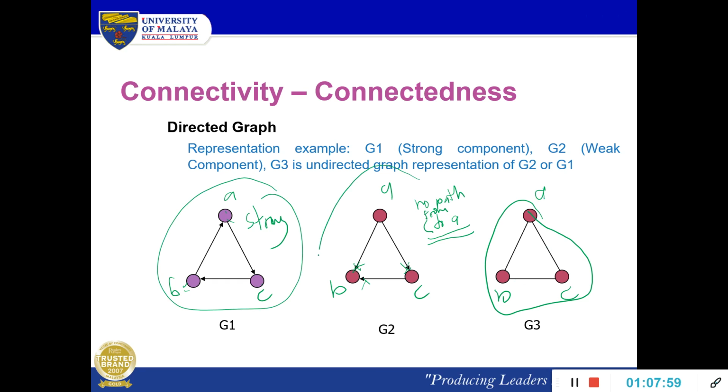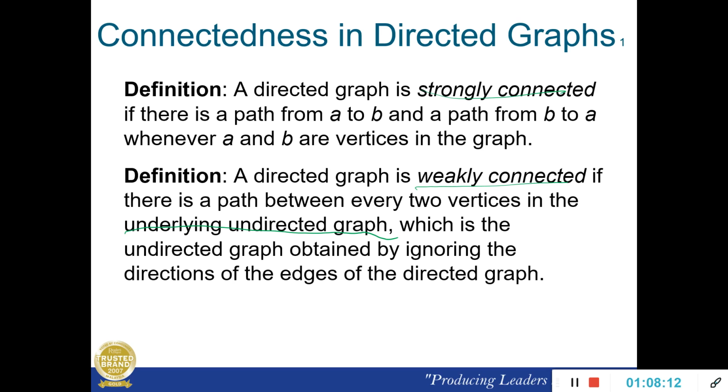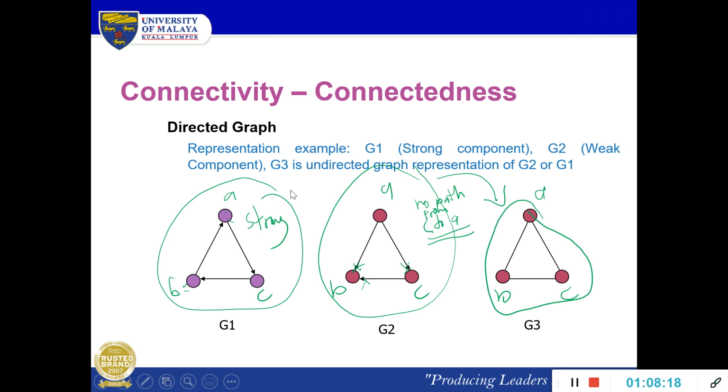This is a weak component of a directed graph if there is an underlying undirected graph that can model the directed graph. See again: a directed graph is weakly connected if there is a path between every two vertices in the underlying undirected graph.